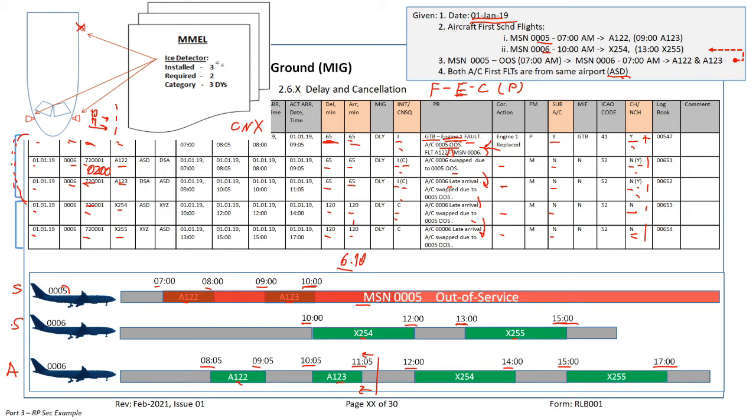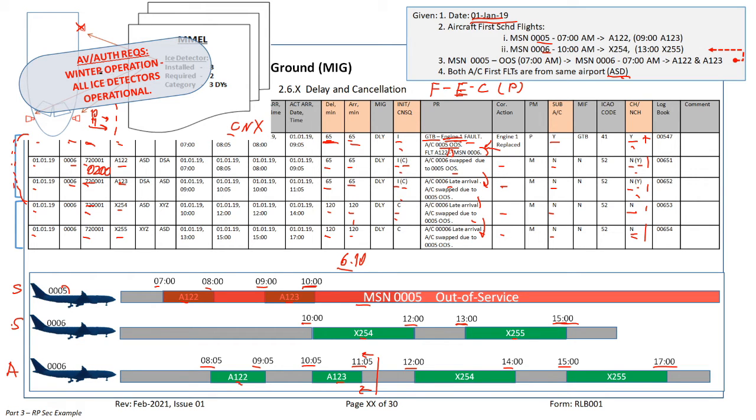Now we take this record to our service provider with whom we have the contract, and tell them this item is chargeable. They say, no, it is not chargeable because you could use the MEL. You have one problem, we have 3 ice detectors, one failed, and the MEL says you can fly for 3 days. Why did you cancel? Then we open our aviation authorities documents and show them.